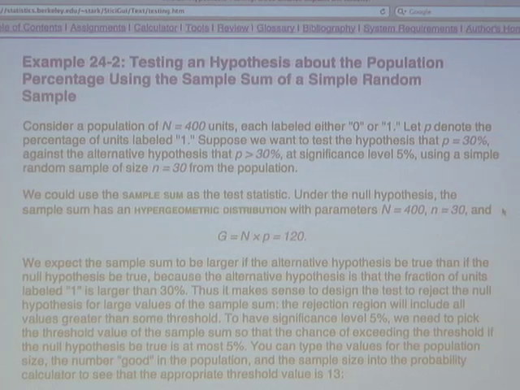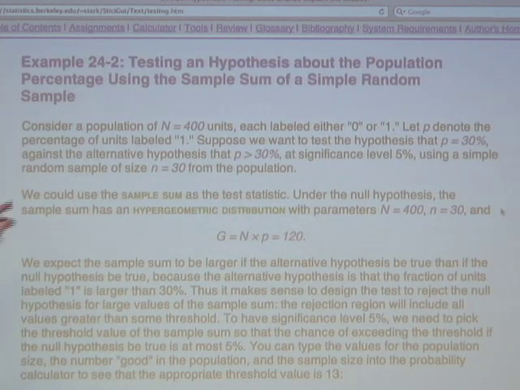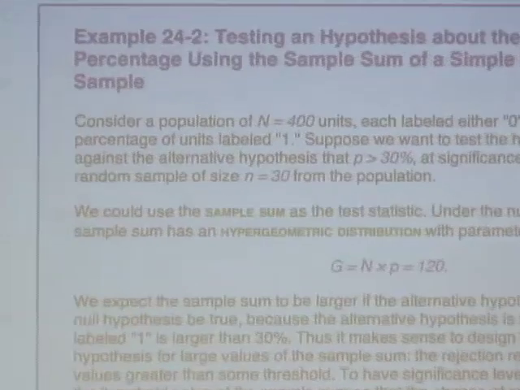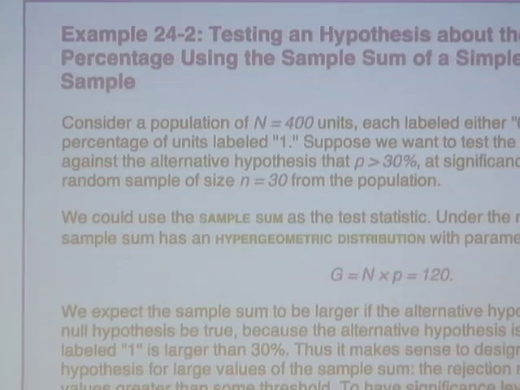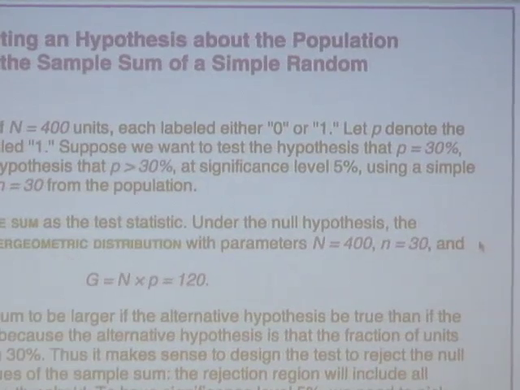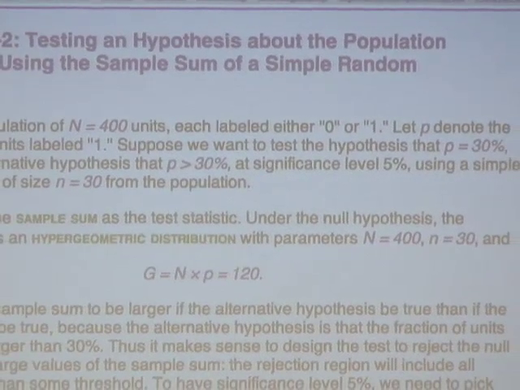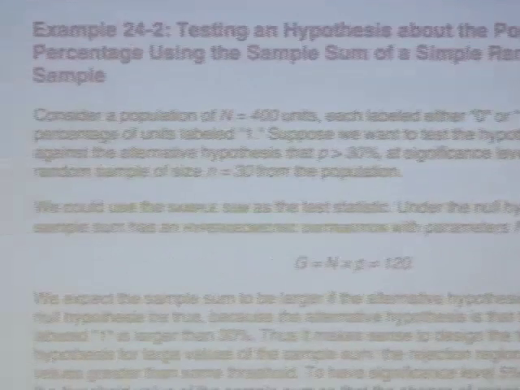The mean of a 0-1 population is a percentage, right? It's the percentage of ones. So we have a population of 400 things. They're all 0 or 1. And I want to test the hypothesis that the fraction of ones in the box is 30% against the alternative hypothesis that it's bigger than 30%.